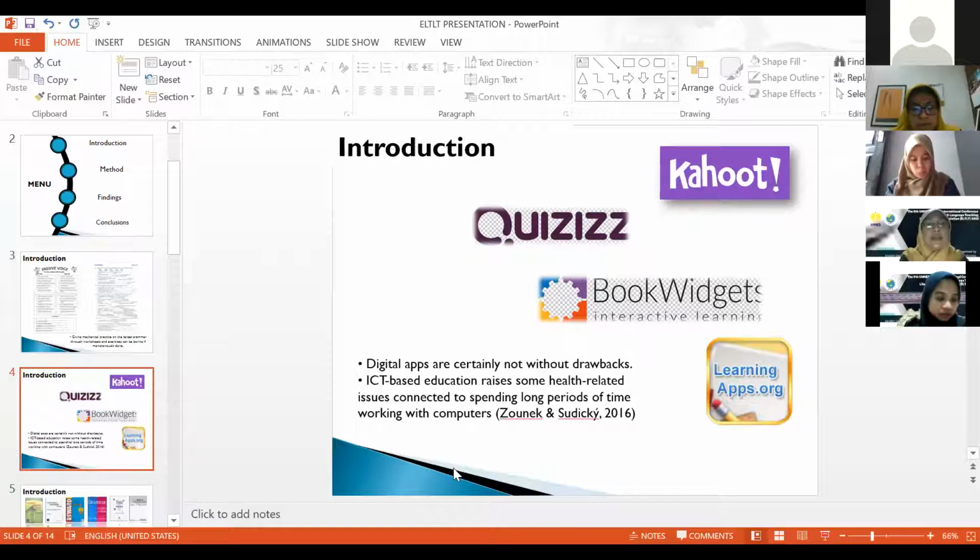One of them, as stated by Zonek and Sadiki, is that ICT-based education raises health-related issues connected to spending long periods of time working with computers, among them eye strain, back strain, and lack of physical movement.